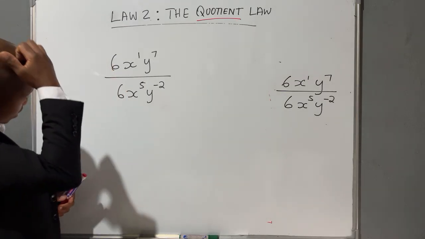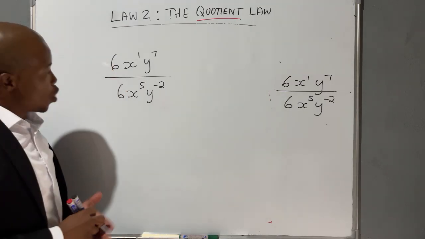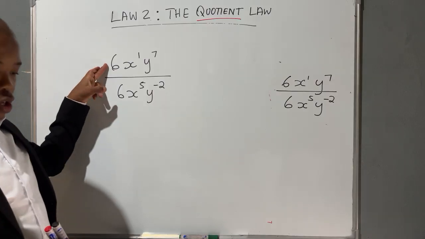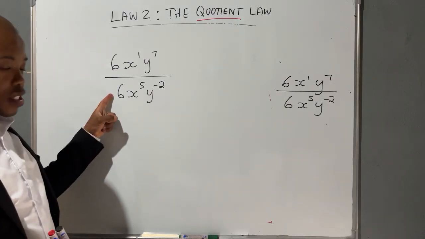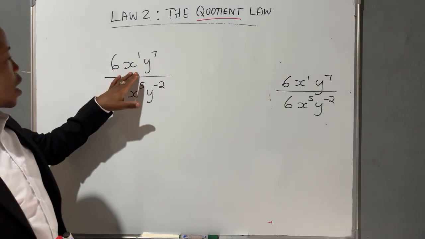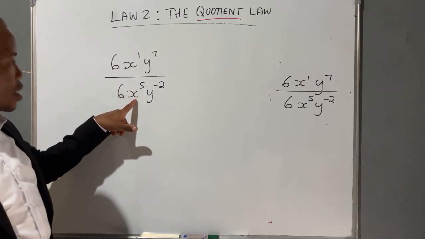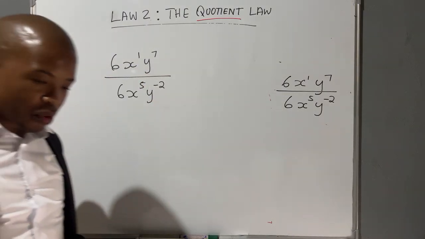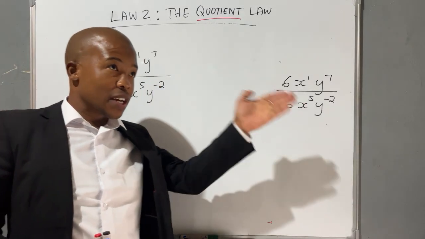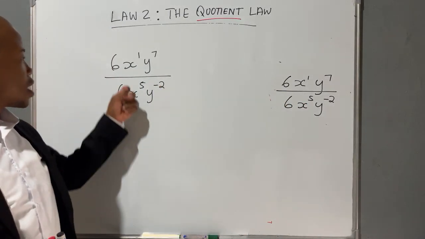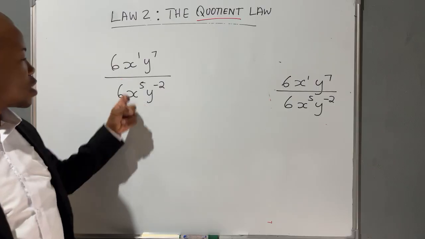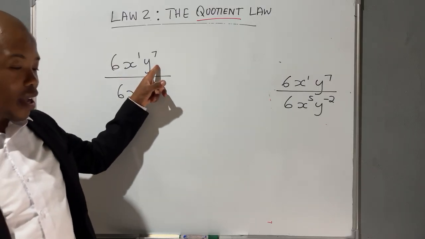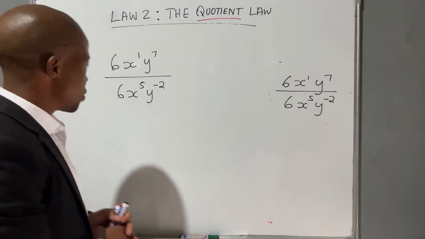This 6 over 6, right? You have a coefficient of 6 in the numerator and a coefficient of 6 in the denominator. A variable x and a variable x, a variable y and a variable y, right? In other words, the coefficient can divide with the coefficient, the variable x can divide with the variable x, the variable y can divide with the variable y, right?